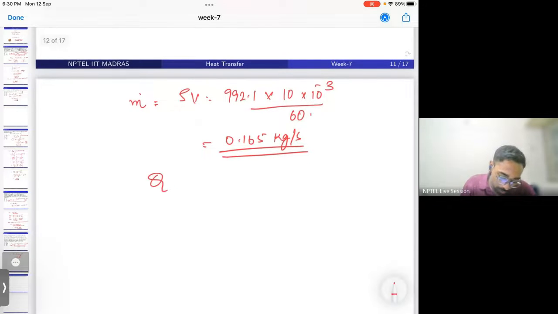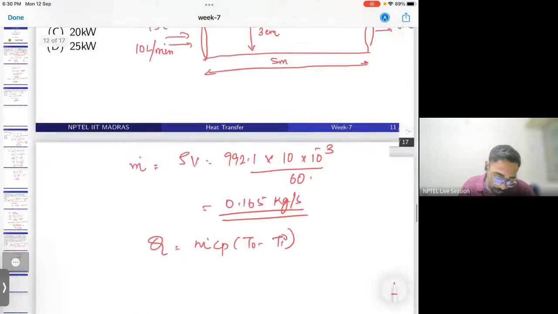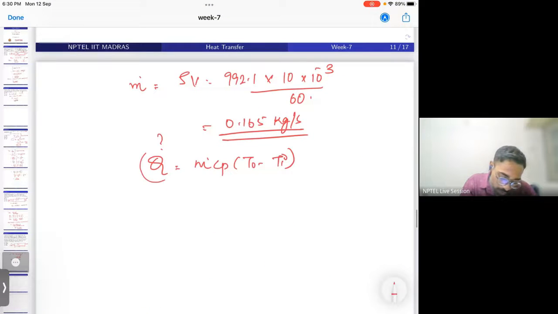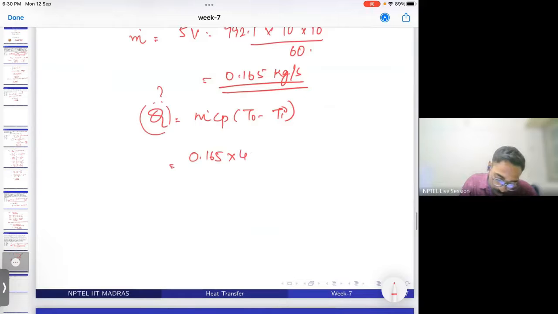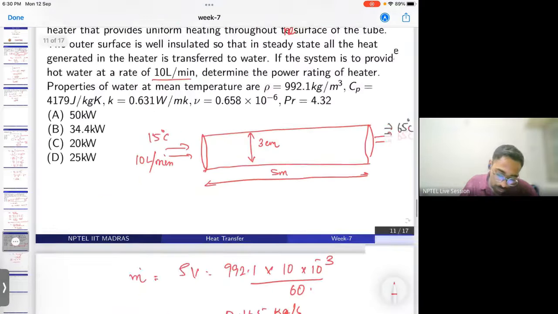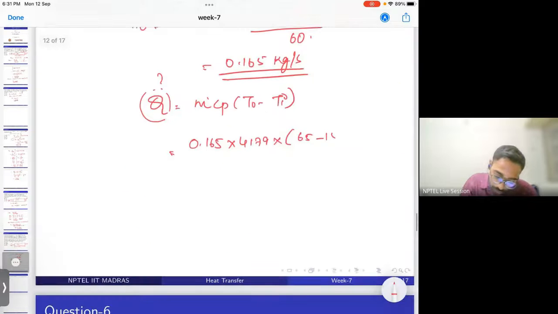Next, Q is equal to m dot Cp (To minus Ti). What we need to find out is the power rating of the heater, that is Q. How much is the Q that is required? That is 0.165, Cp is given as 4179, into 65 minus 15. So how much would it be?